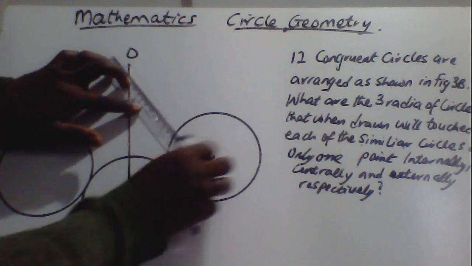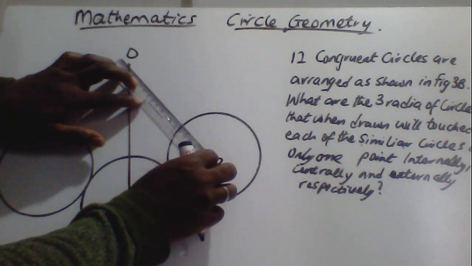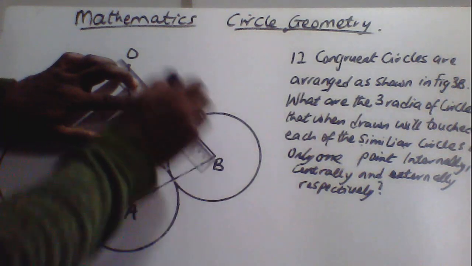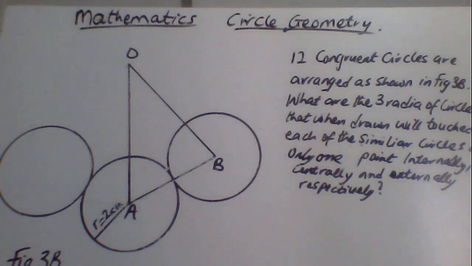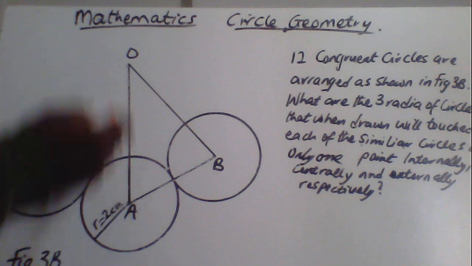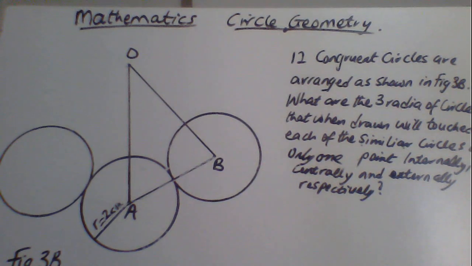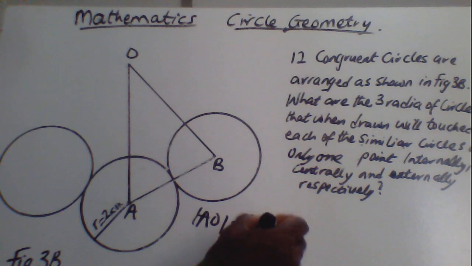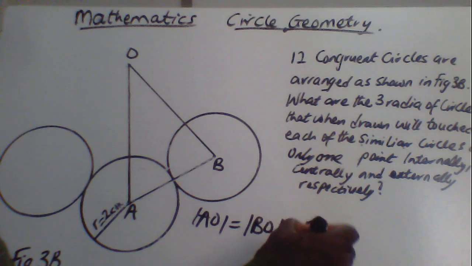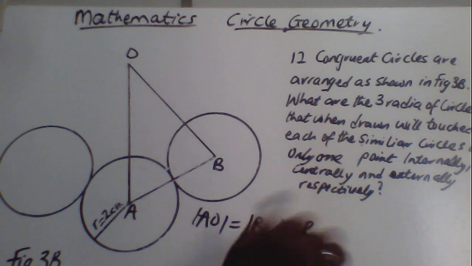Then join BO. Once we have done that, we know that AO is equal to BO, and we can call it R1.